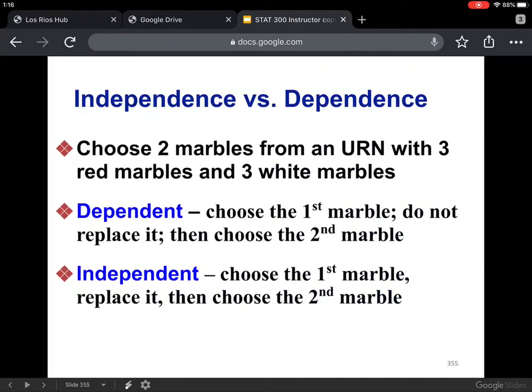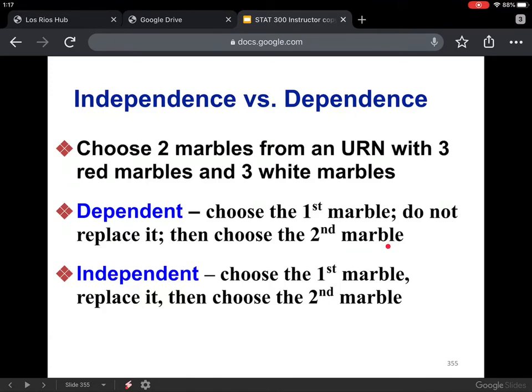Now let's move on to some more definitions and also talk about dependent events. What if we choose 2 marbles from an urn with 3 red marbles and 3 white marbles? The dependent case would be to choose the first marble and then not replace it, then choose the second marble. Note what will happen when we do that.